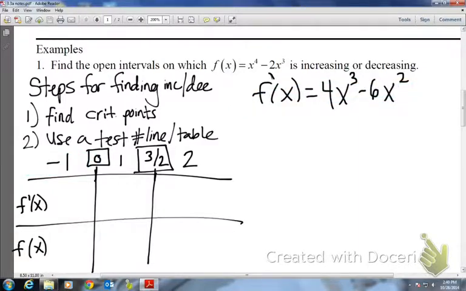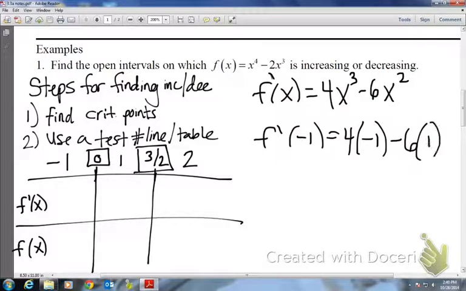So f prime of -1 would be 4 times -1 cubed, which is -4, minus 6 times -1 squared, which is 1, so that's -4 minus 6, which is -10, so that's a negative. I'll write it in red so you guys can tell the difference. I'm going to write negative. Alright, so that's the first one.